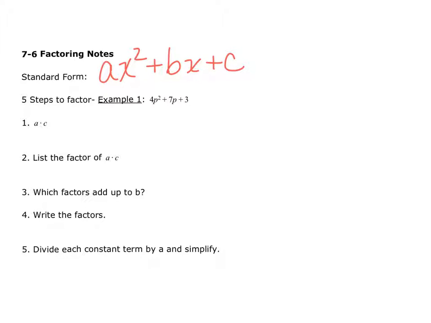So our 5 steps to factor, example 1. I've got 4p squared plus 7p plus 3.